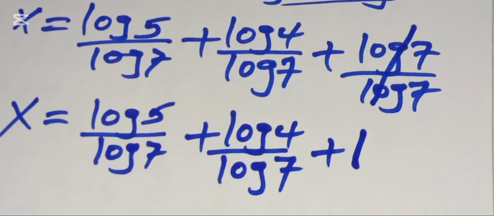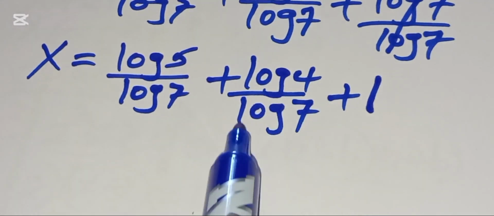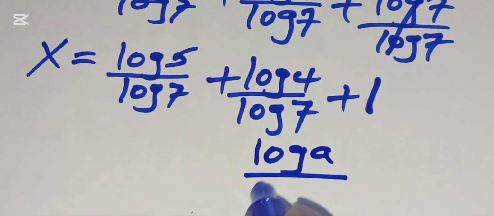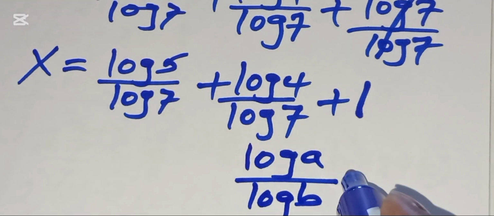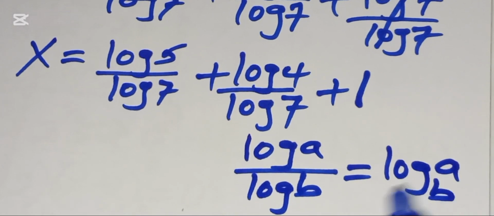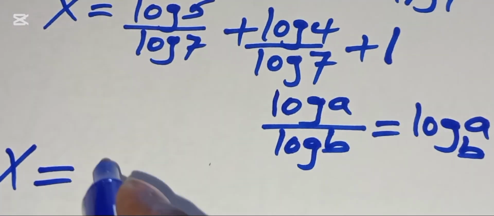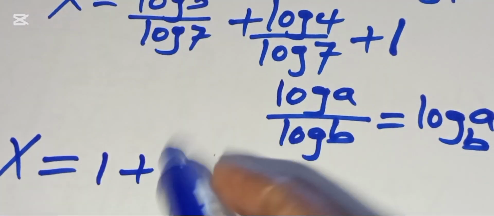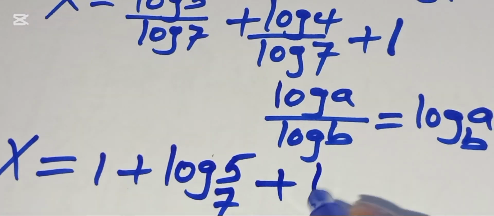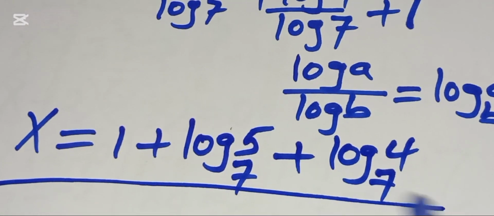Log 5 divided by log 7 and log 4 divided by log 7 are in the form log a divided by log b, which you can express as log a to base b. So we can write x as 1 plus log 5 to base 7 plus log 4 to base 7. Now this is the value of x.